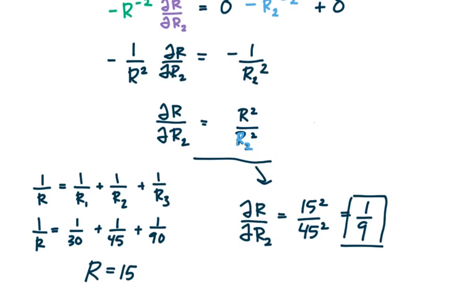So what this means is at the given ohms, if I make a small change to R sub 2, a small change in that resistance will lead to a 1/9 proportional change in the overall resistance.